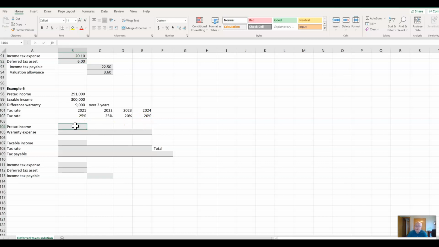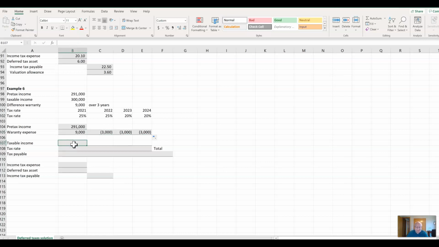And if the tax rate changes, you reevaluate things. Okay, so we'll have a pre-tax income of 291,000. Warranty expense is the 9, and now over here, I want to take equal, and I did the minus sign, the 9 divided by 3, because it's going to be over 3 years. Okay.